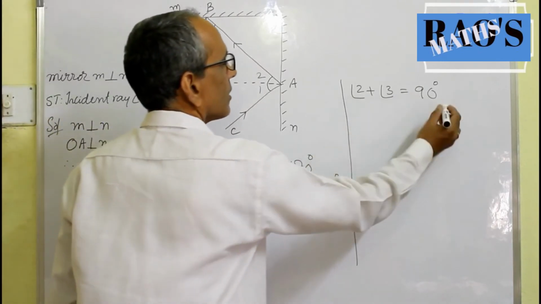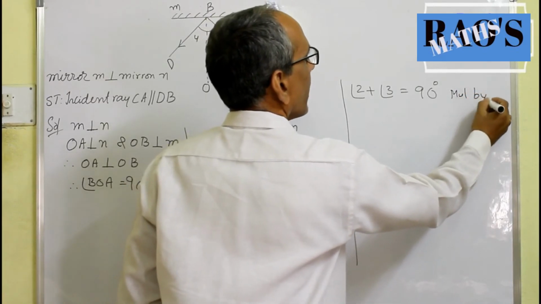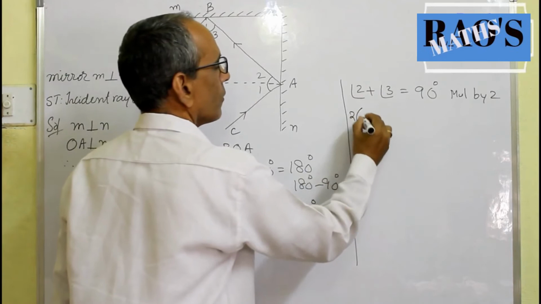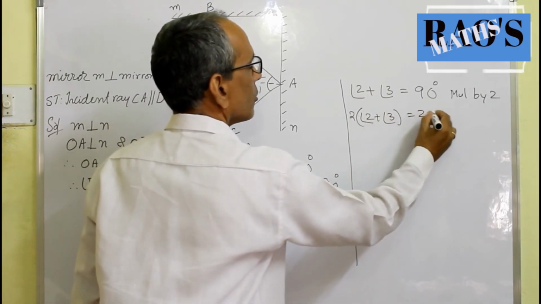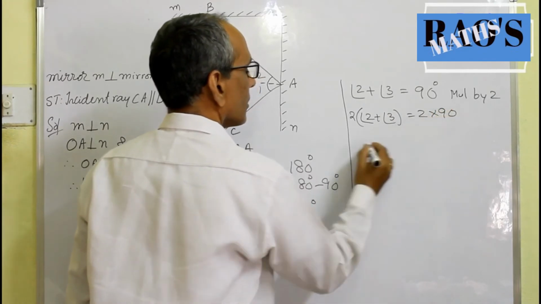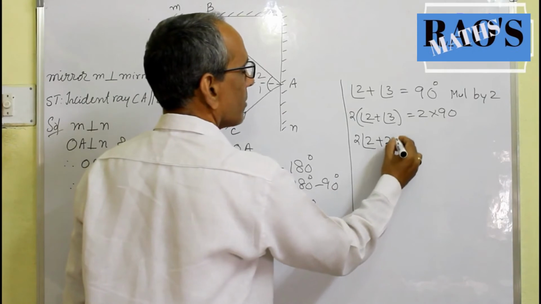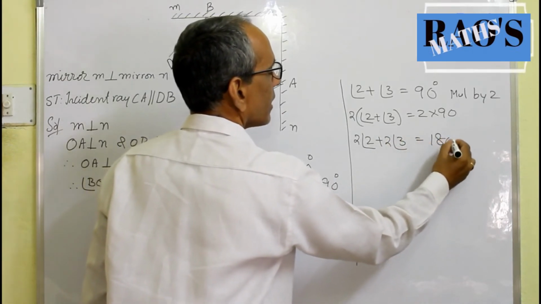So I multiply both sides by 2. So 2 of angle 2 plus angle 3 is equal to 2 into 90. So I get 2 times angle 2 plus 2 times angle 3 is equal to 180 degrees.